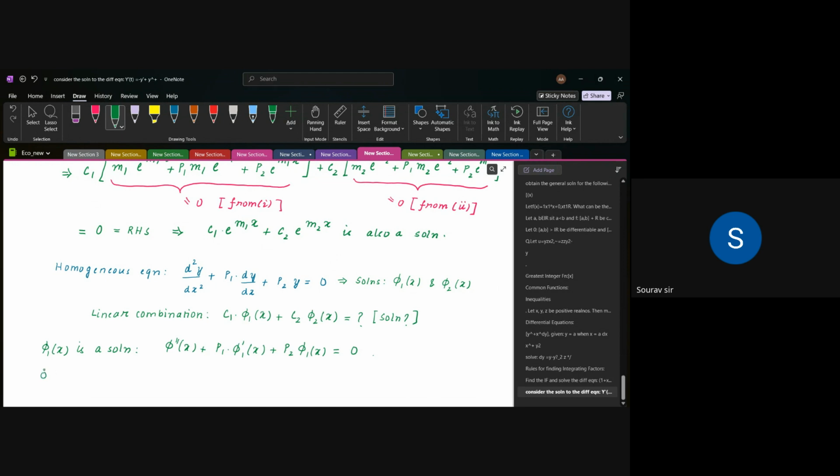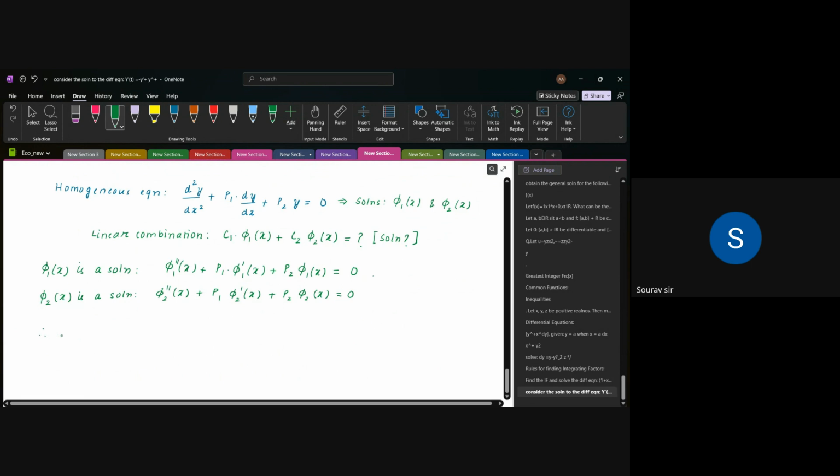And when I'm saying that phi 2x is also a solution, then phi 2 double prime x plus p1 phi 2 prime x plus p2 phi 2 x is 0. Correct?